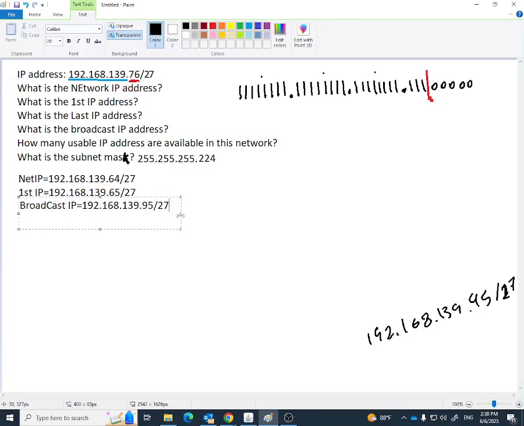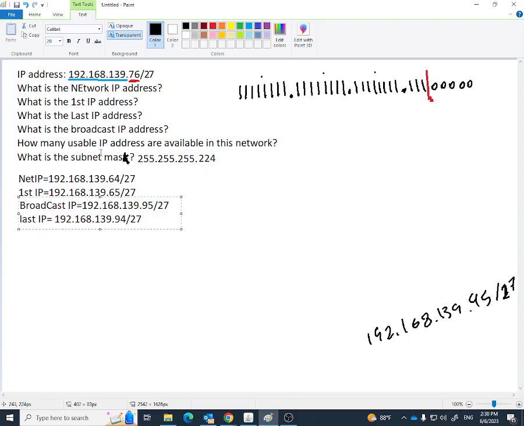Okay, so here we go. Now, the last IP address is simply whatever the broadcast is minus 1. So this is going to be 192.168.139.94/27, and that is the last IP address.